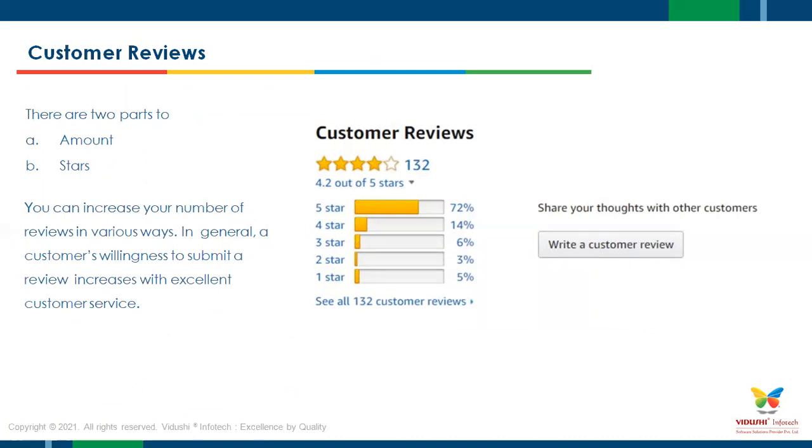On the right side, you can see the screenshot. Here, 132 people have shared their reviews, and the average satisfaction level is 4.2. 72% of people have given 5 stars, 14% have given 4 stars, and 3 to 1 stars respectively 6%, 3%, and 5%.